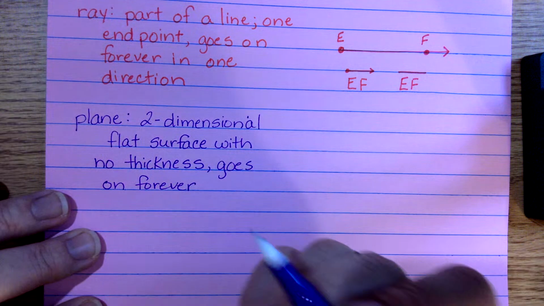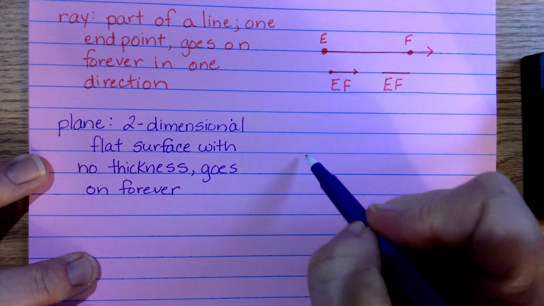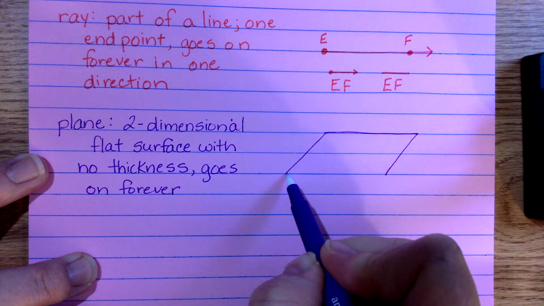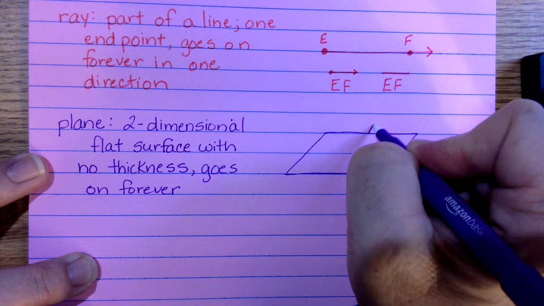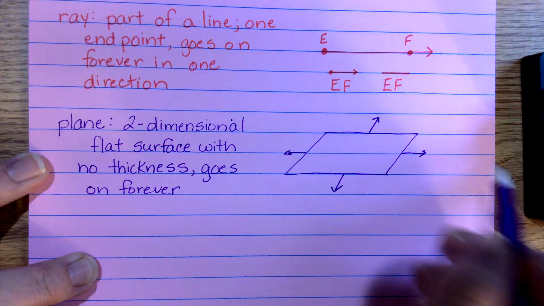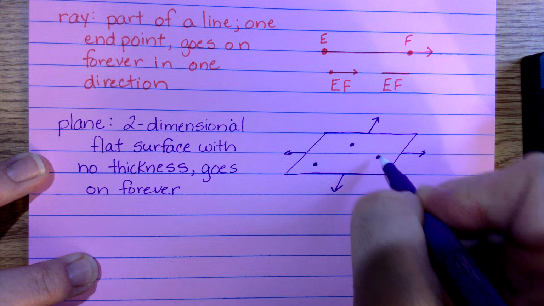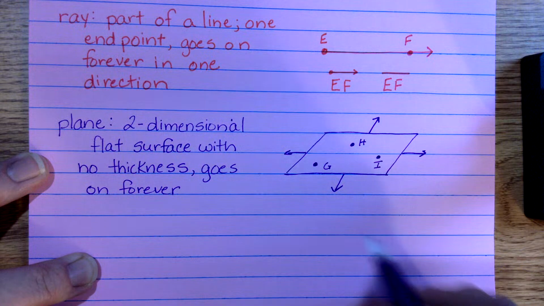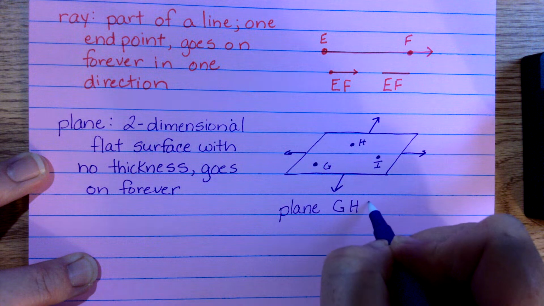A plane is named by 3 points that are not on the same line. So let's say this is our plane. Again, it's important to note that it goes on and on forever. And it would have 3 points that are not in the same line. So you'd have G, H, and I, and this would just be named plane GHI.